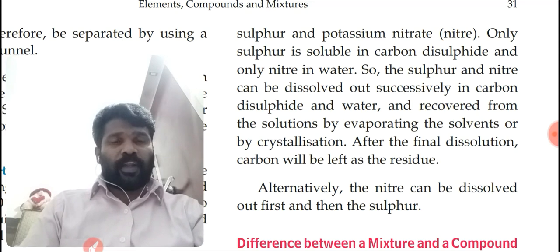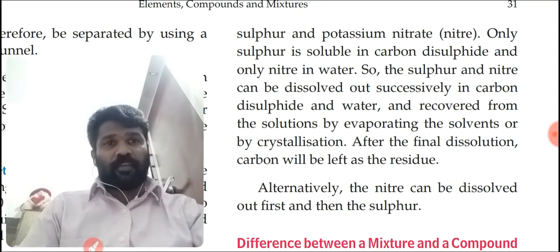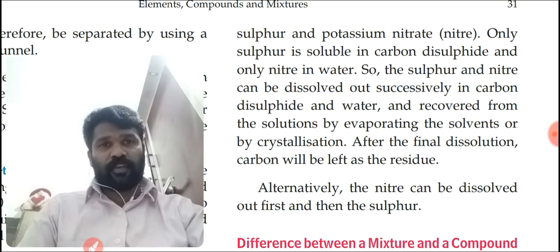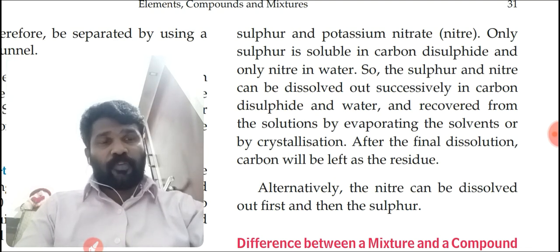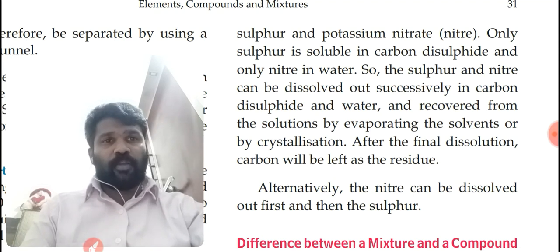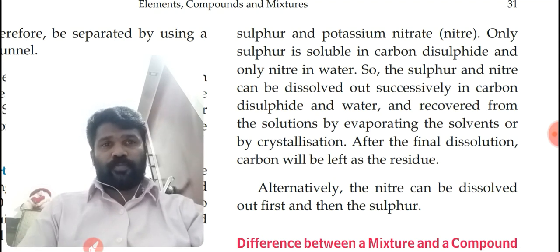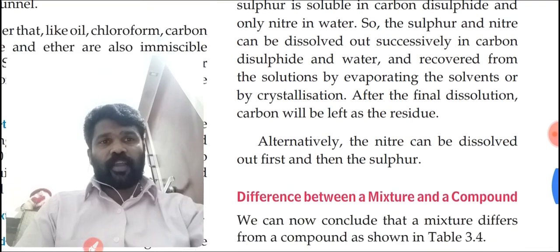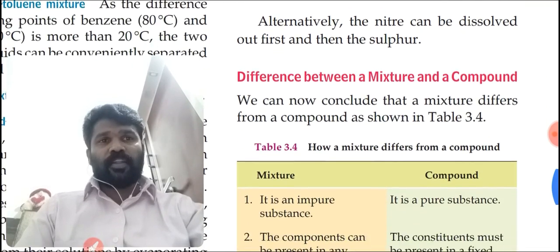So the sulfur and nitre can be dissolved out successively in carbon disulfide and water, and recovered from the solutions by evaporating the solvents or by crystallization. After the final dissolution, carbon will be left as the residue. Alternatively, the nitre can be dissolved out first and then the sulfur.